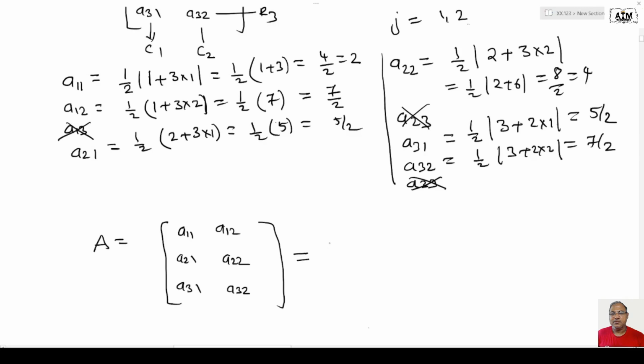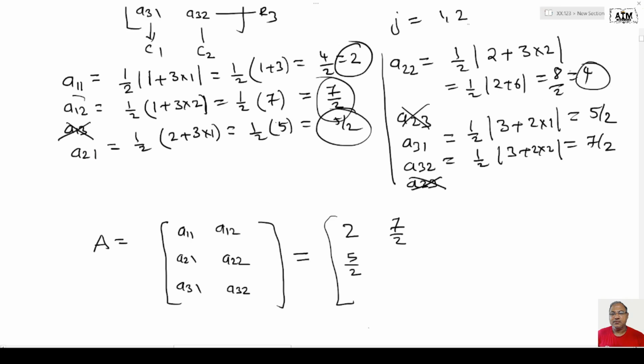Therefore, the required matrix A: in place of A11, the result is 2, so write it here. Then A12, the result is 7 upon 2. Then A21 is 5 upon 2. Then A22 equals 4.